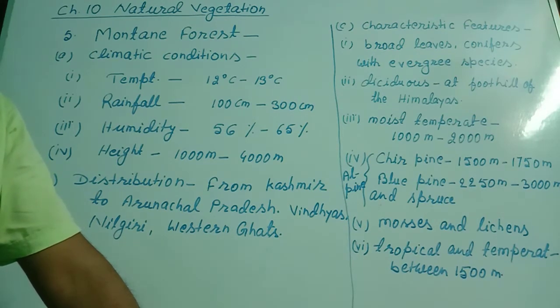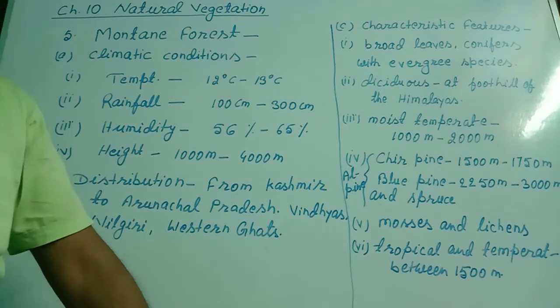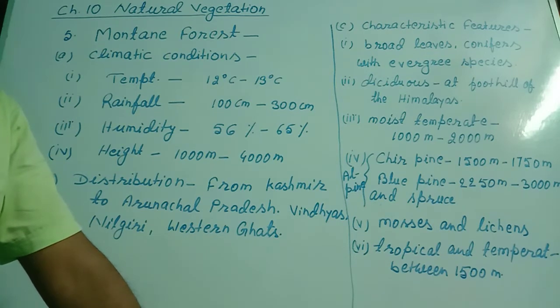So to reduce the rate of transpiration, through which water is lost by the plants through the stomata. And the roots of conifers are very long and go deep inside the earth, so that the roots can absorb moisture from the interior of the earth.